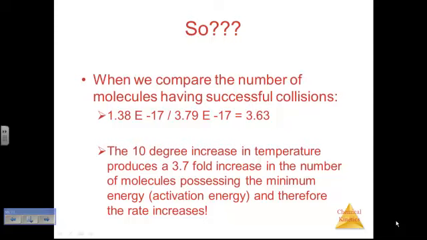I have a mistake on the slide. Please adjust accordingly. 1.38 E negative 17. That was our answer at 310 Kelvin. Bigger number. Divided by 3.79 E negative 18, the answer to our first at 300 Kelvin, we get this ratio of 3.6.